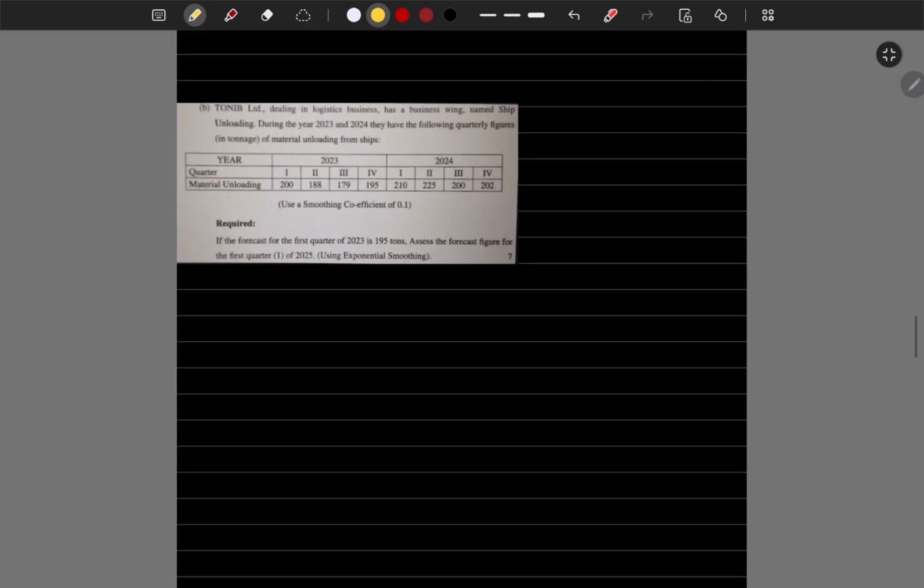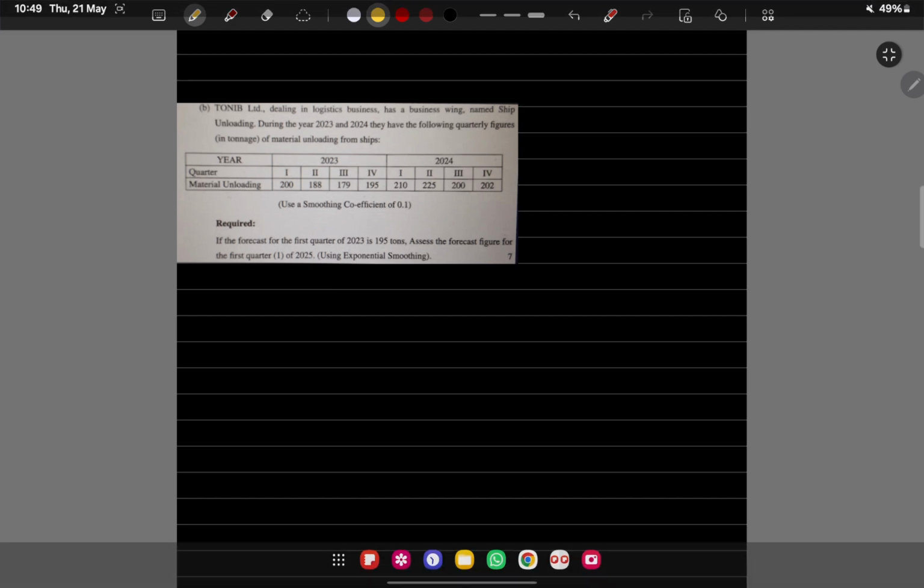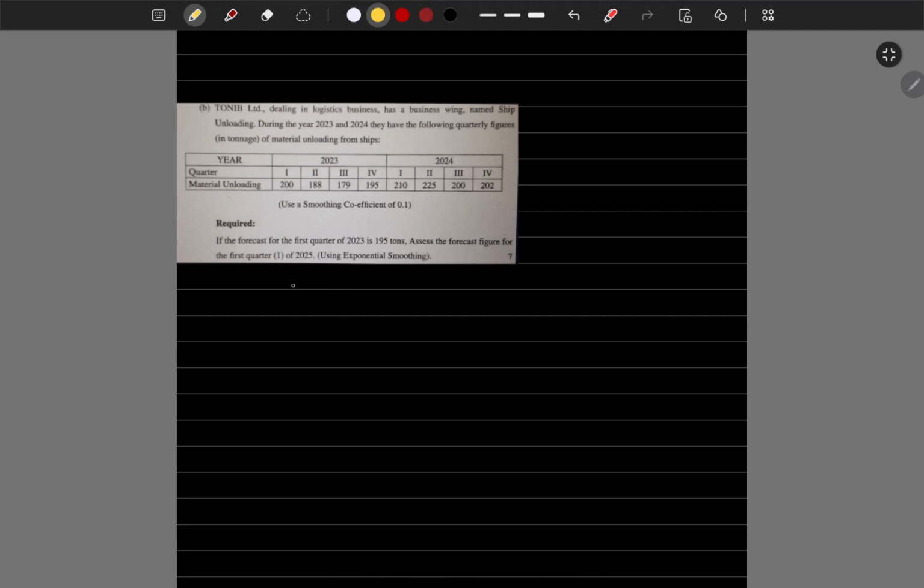Smoothing coefficient. Smoothing coefficient says that we will be having 2 years of data, and the past data's weight is 0.1. For the forecast, the weight is 0.9. So keeping this fundamental, we move on.